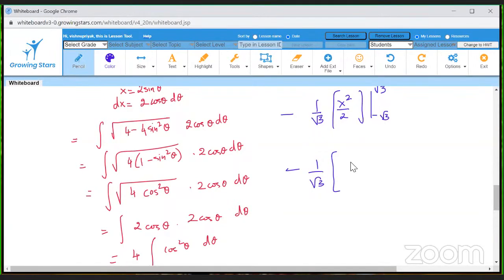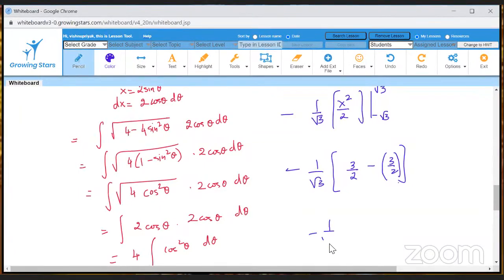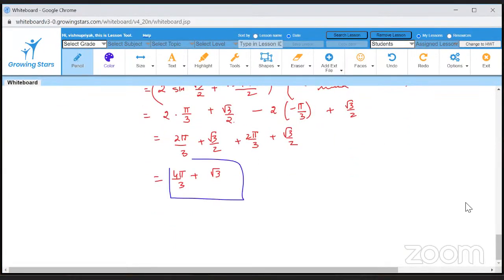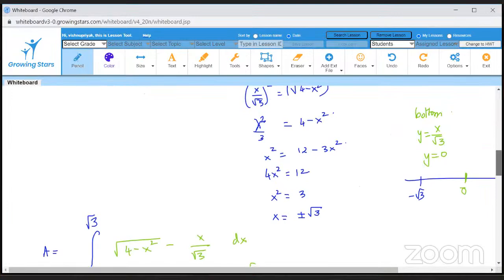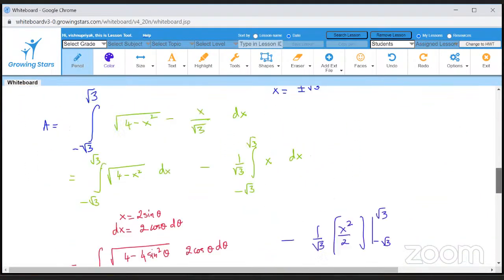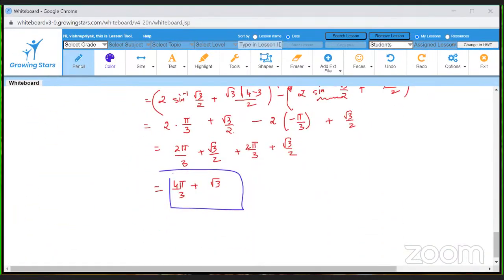When you put root 3, you get 3 by 2, and when you put minus root 3, again you will get 3 by 2. So this is becoming 0. The second area is 0. So the final answer will be 4 pi by 3 plus root 3.